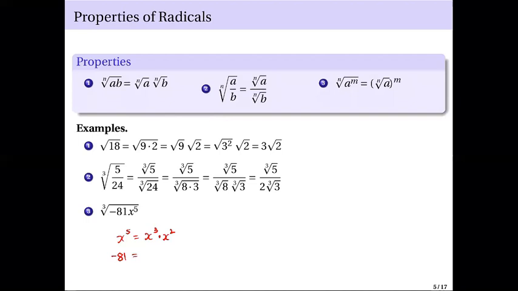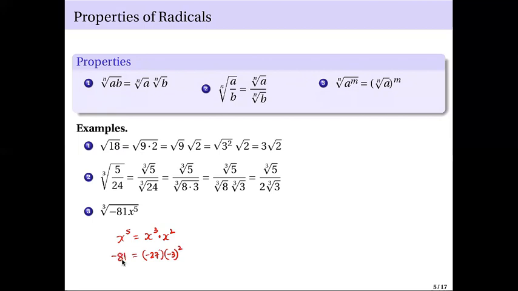Okay? We will write this as negative 27 times, let's write it as negative 3 squared. And you see negative 3 squared, that's positive 9. Wait.